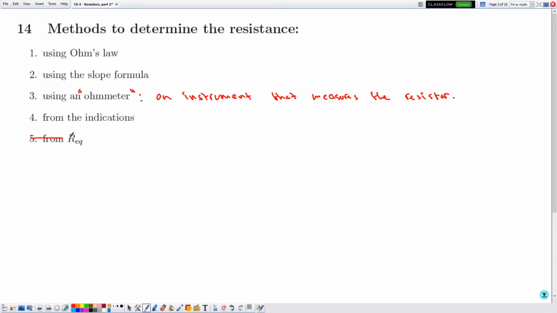So we will skip method number 5. As for method number 4, which is extremely important, and this is from the indications, and let me write the following note.